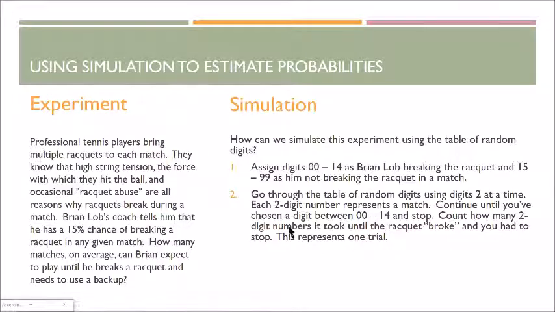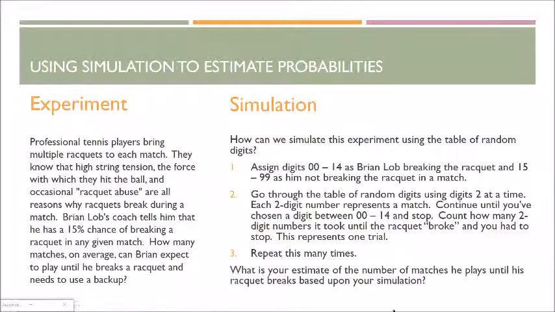So essentially you have a bunch of trials, and in each trial you ultimately have a number of matches that he plays, right? So we're going to, again, repeat this many, many times. And then from there, find our estimate of the number of matches he plays until his racket breaks based upon our simulation. So let's say I repeat this process 100 times.